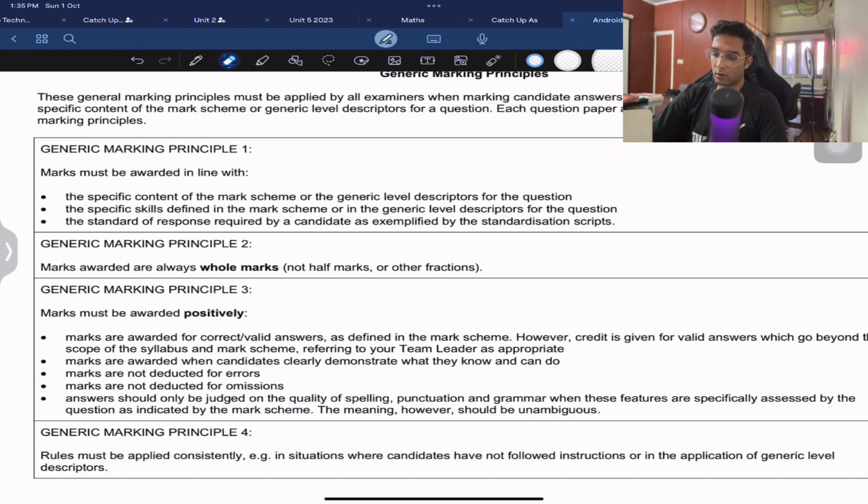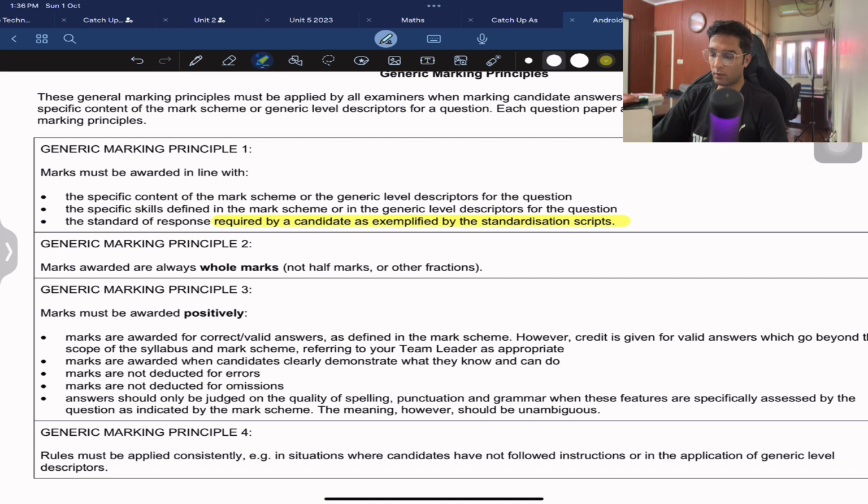So they're saying that when we set a standard, you're going to check the response with those standards. Obviously they will have certain standards, like certain keywords, certain form of logical reasoning that they're looking at. So you need to be aware of that.